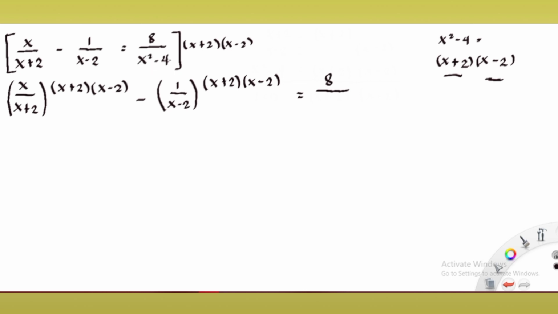Kung gusto nyo, i-factor na ito. Hindi ba ito yan? At ito ang factors niyan. So, instead of writing x squared minus 4, ito na yung isusulat ko: x plus 2 times the quantity of x minus 2. Okay po? Again, instead of writing x squared minus 4, sinulat ko na yung factors niya para mas madaling mag-cancel mamaya. Times the LCD, product of x plus 2 and x minus 2.